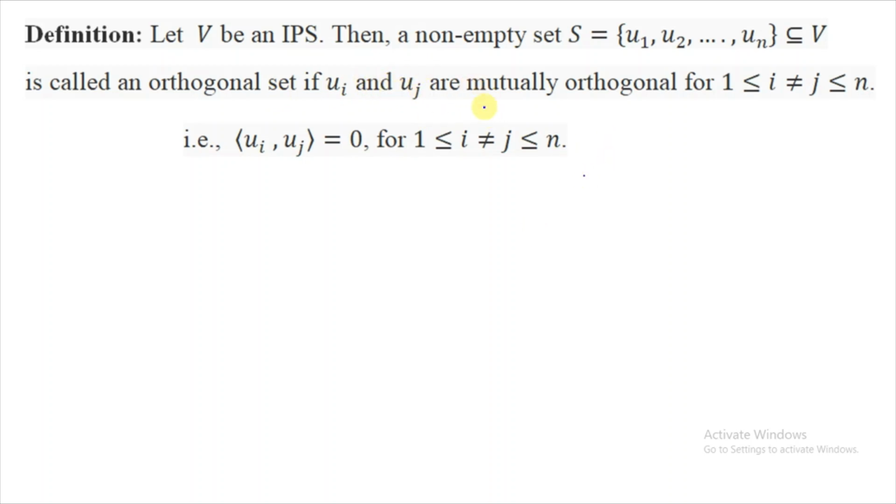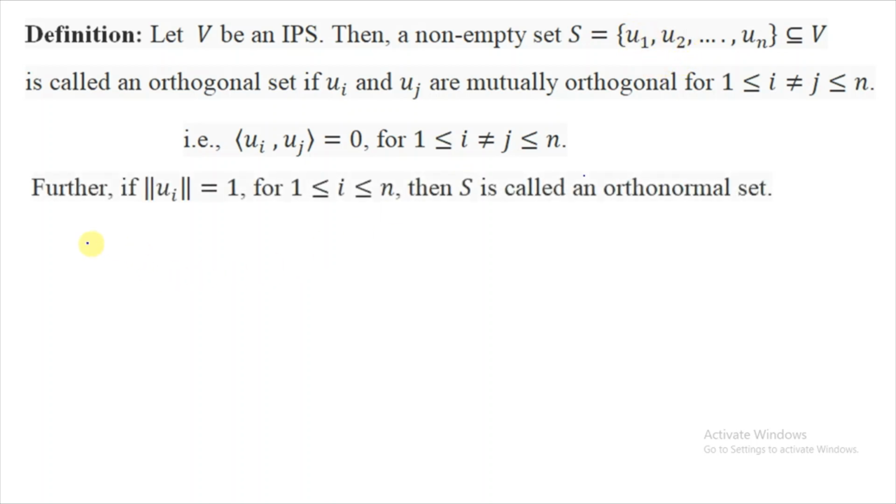When is this set called orthonormal? In this orthogonal set, if each vector's length is 1, you can say the set is orthonormal. That is, norm of ui is 1 for i from 1 to n, then S is called an orthonormal set.